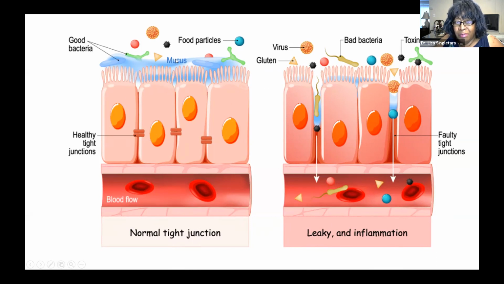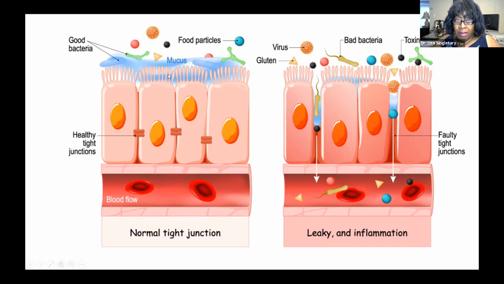See the mucus here, this light blue layer? Not so much here. And the tight junctions, not so tight. So the tight junctions, they're calling this faulty or quote unquote leaky. So what can get in? Bad bacteria can get in, food particles that are too large can get in.